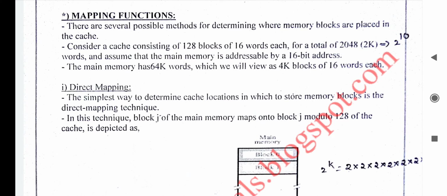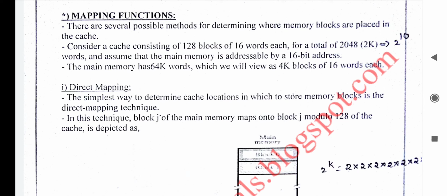Okay, first one is direct mapping. The simplest way to determine cache locations in which to store memory blocks is the direct mapping technique.